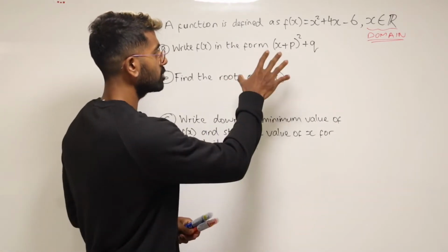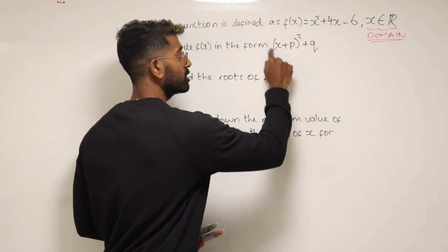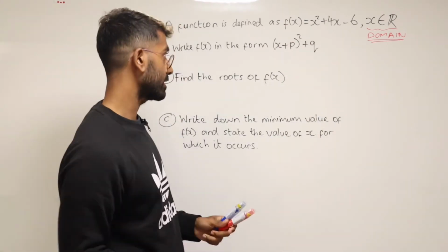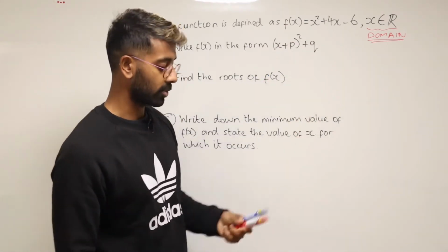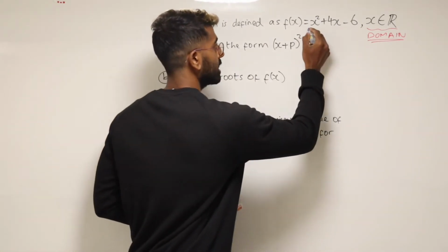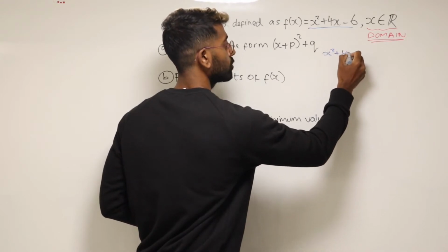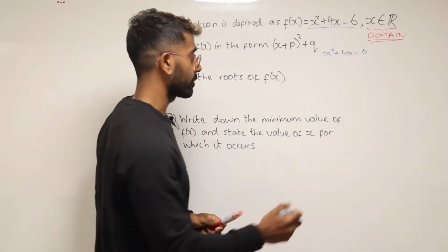Now, what we're going to do with our function is first of all write it in this form. Now when you see this, what you need to think is I need to complete the square. So that's what we're going to do to begin with. So we take our function, I'll just write it over here, x squared plus 4x minus 6, and we'll complete the square.